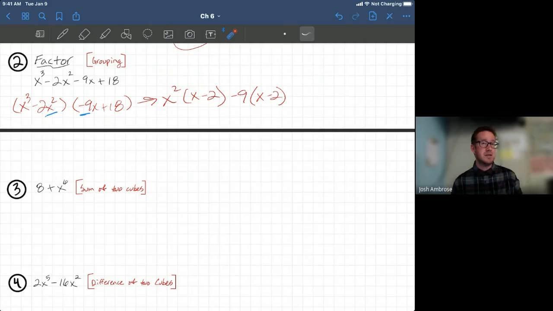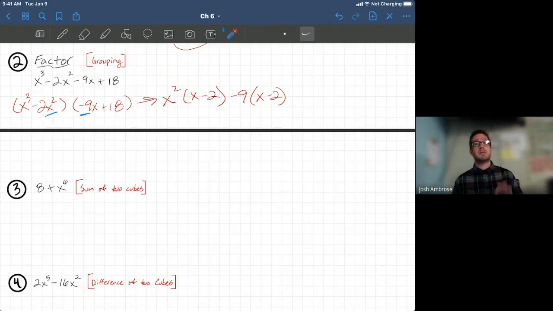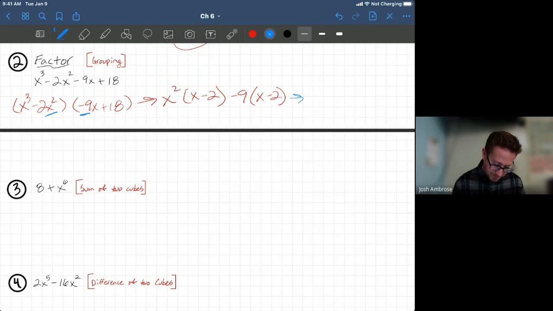It's an easy way to determine if you are going down the right path using factor by grouping. Okay, so make sure that if you have factored out the correct term here and here, those binomials must be identical. They are. So we can then keep moving on and proceed to the next part.